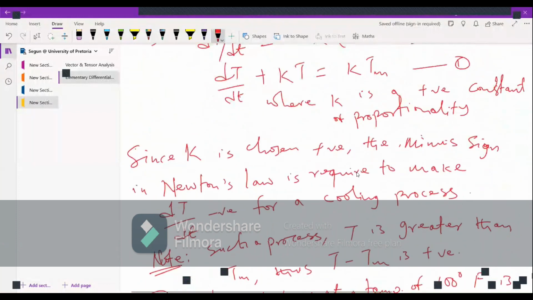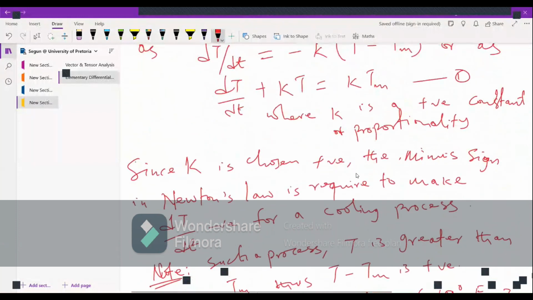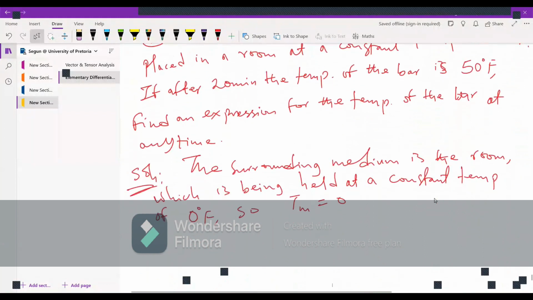I mentioned Tm the other time. If you check your notes, I said let Tm denote the temperature in the surrounding medium. We know the surrounding medium here is 0.